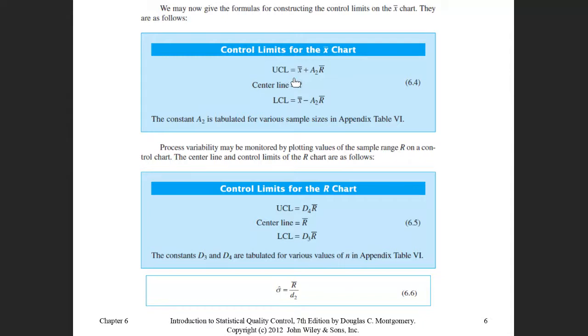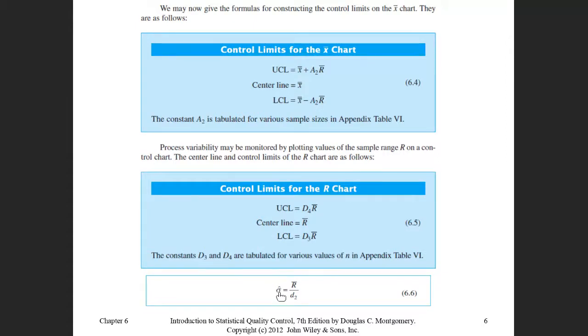The process variability is monitored using the range, and the control limits will be drawn around the average of the data measured in the X bar chart. In order to calculate the standard deviation, since we don't have the population, we do estimates. This is what we learned in statistics.